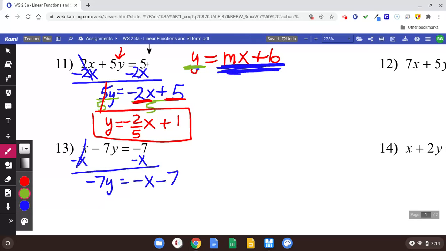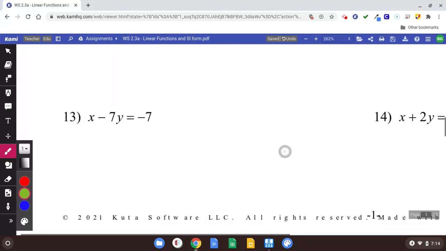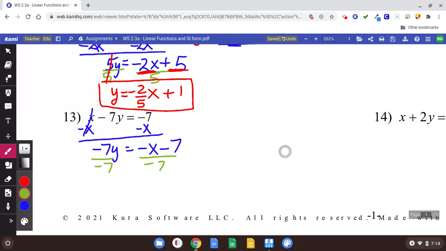Next, I want to get rid of that -7, so I'm going to divide by -7. And just like above, this -x comes because that's a negative 1. So keep that in mind as you're dividing. When you divide, this cancels out and gives me y equals.